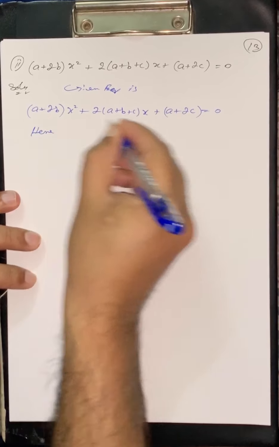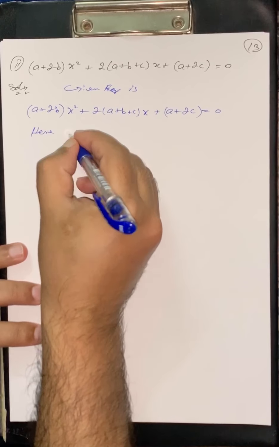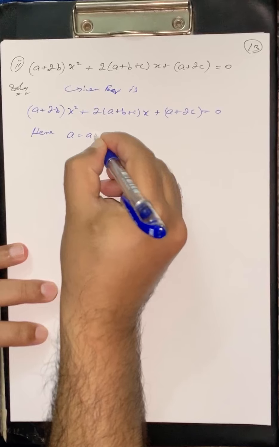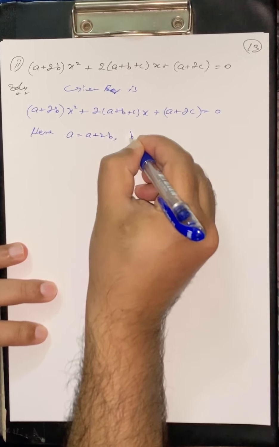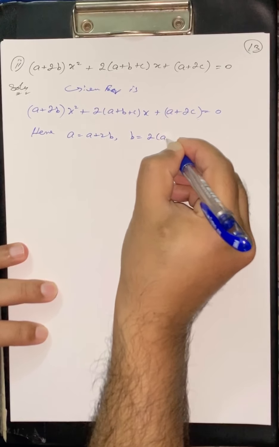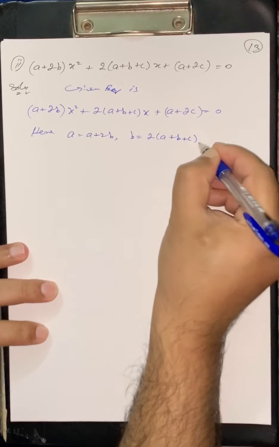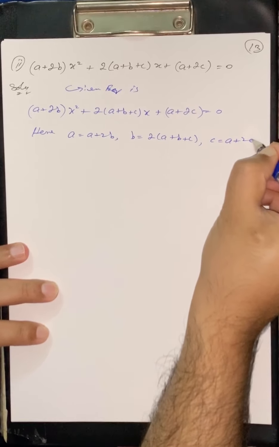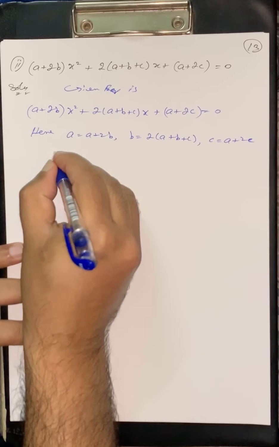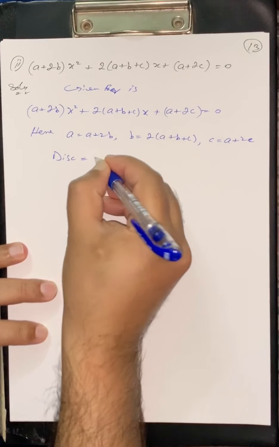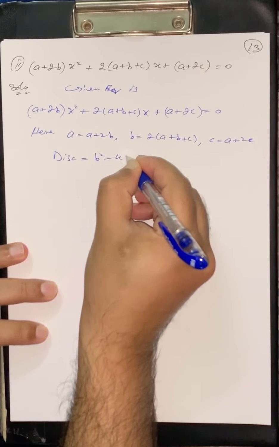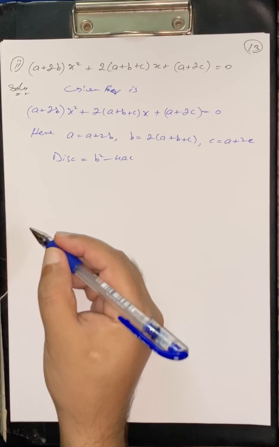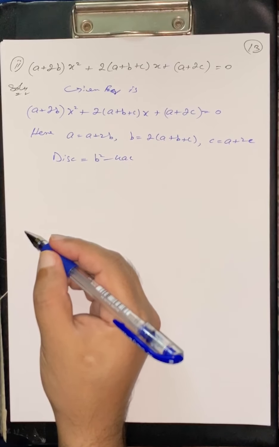This is your standard form of quadratic equation. Here, the value of a is a plus 2b. The value of b is 2a plus b plus c. The value of c is a plus 2c. Apply discriminant b square minus 4ac. I want to prove this equation's roots are rational.